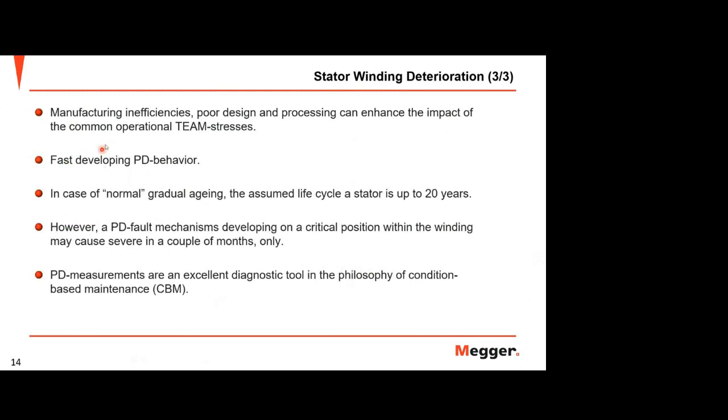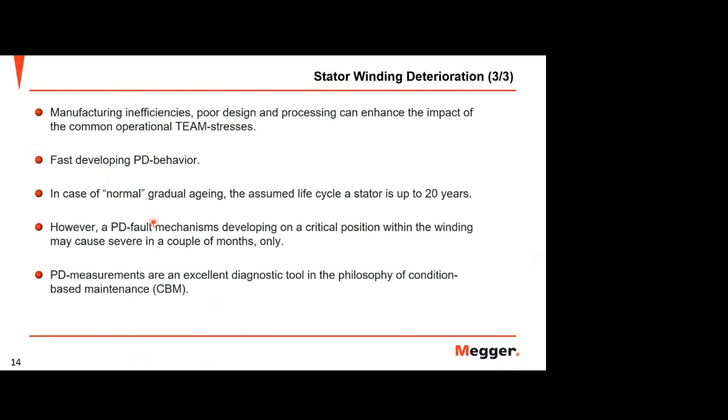Manufacturing inefficiencies in design and processing will accelerate the aging process and enhance the impact of the common operational TEAM stresses. Consequently, unexpected PD behavior may develop fast, with deviation from the baseline measurement in a comparably short time. In the case of global gradual aging, we can consider it to be normal.